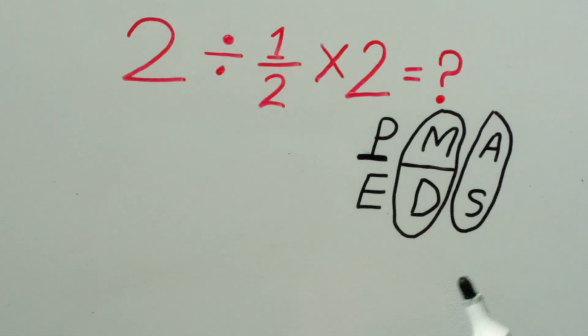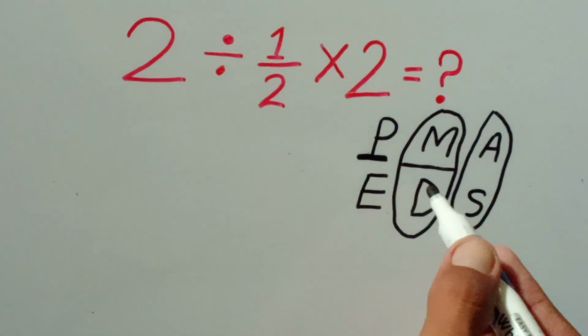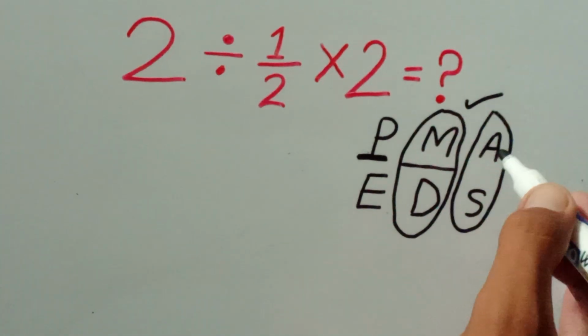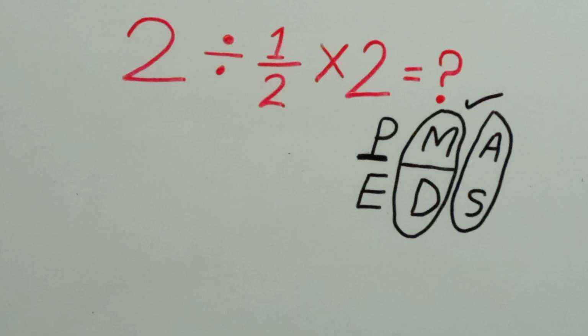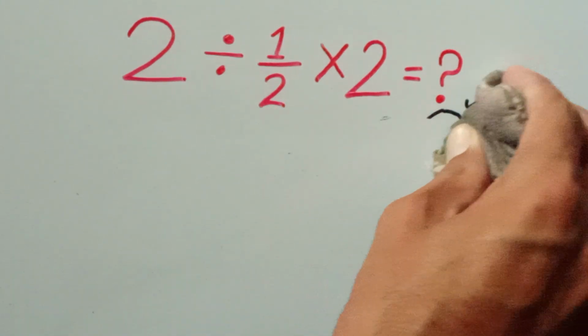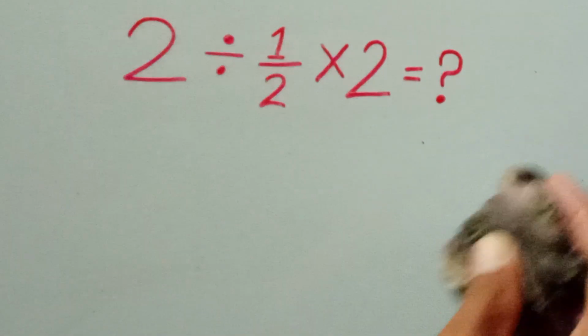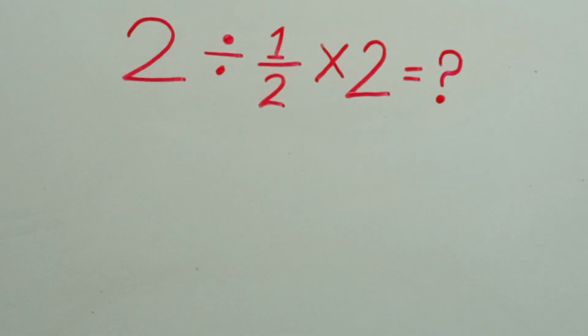But also remember that multiplication and division have higher priority than addition and subtraction. So guys, I can remove it. Now I can simplify these expressions step by step.